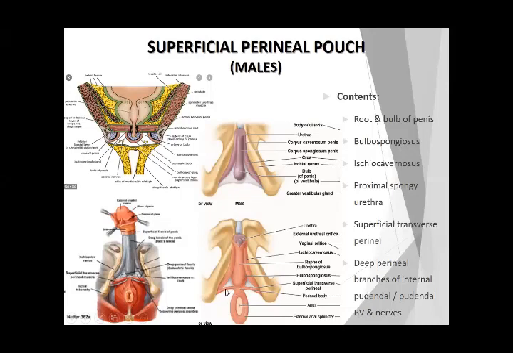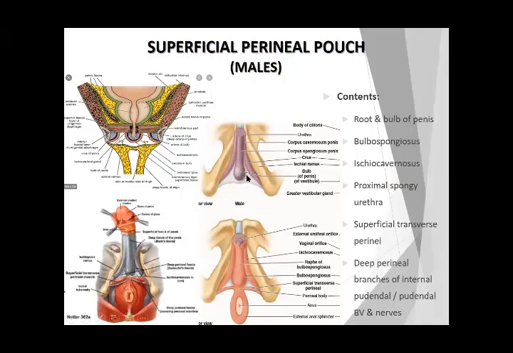Then this is the superficial transverse perinei attached to the outer surface of the perineal membrane, at its posterior margin, the outer or inferior surface of the perineal membrane. And then, of course, you have nerves and blood vessels which are lying in this area.